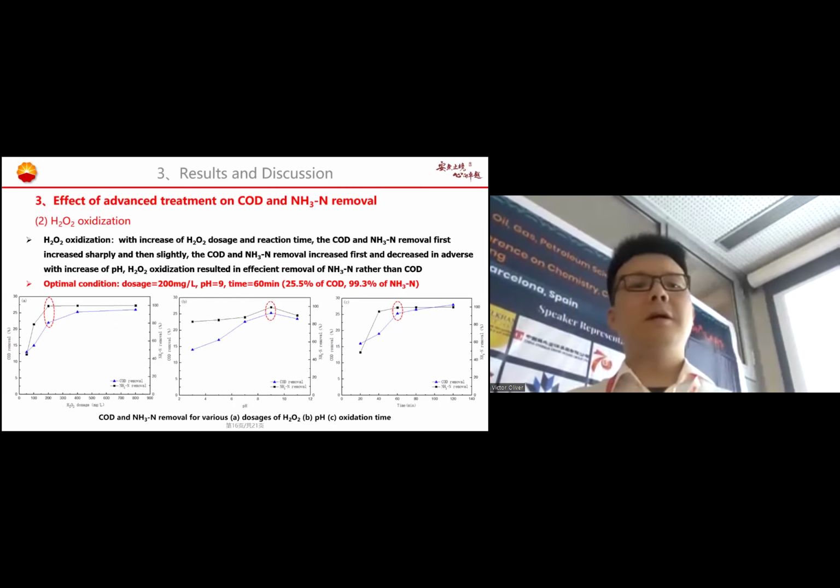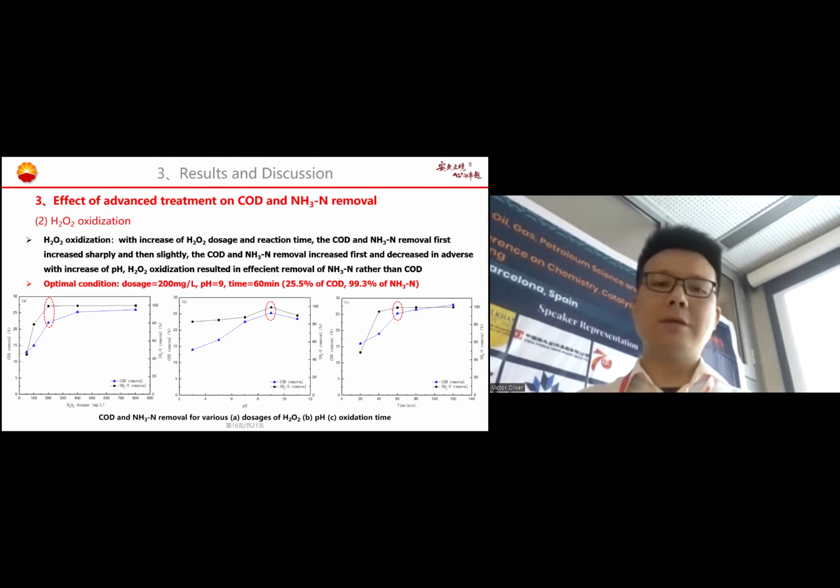Similarly, the hydrogen peroxide oxidation, the results show that with increase of H2O2 dosage and the reaction time, the COD and ammonium nitrogen removal first increased sharply and then slightly. The COD and ammonium nitrogen removal increased first and decreased with increase of pH.